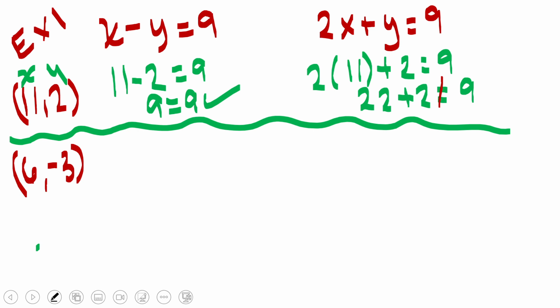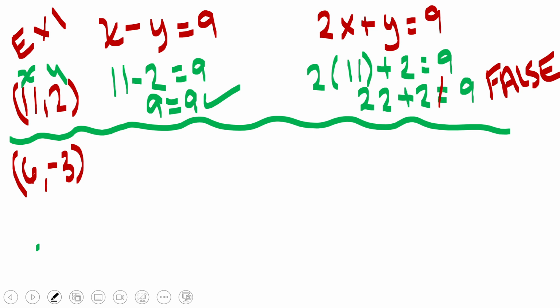So this ordered pair is not a solution, it's false, because it does not fit in this expression for the system. If it doesn't fit in one of the expressions, then it can't be a solution on the graph.